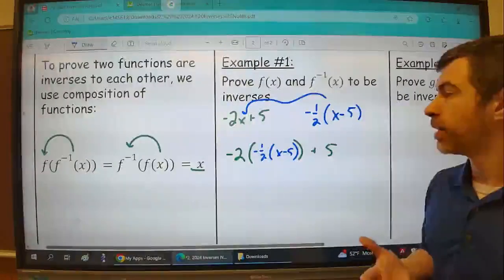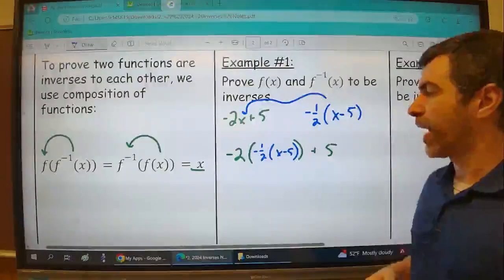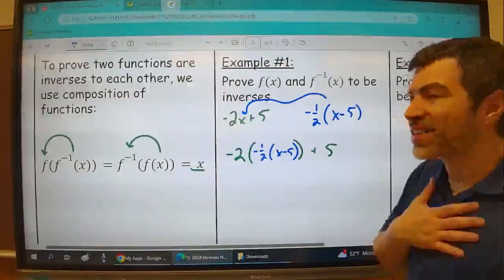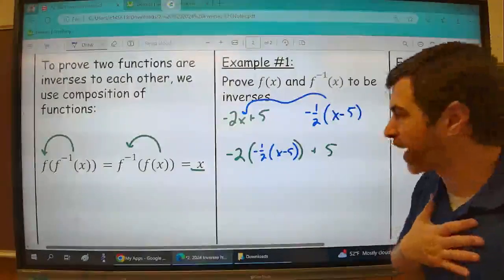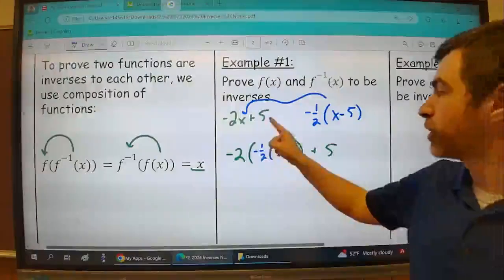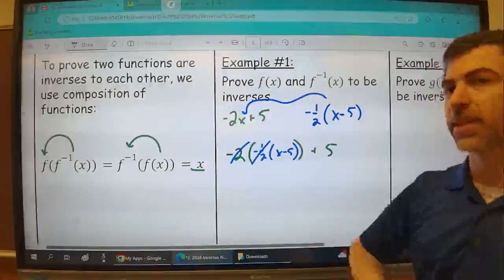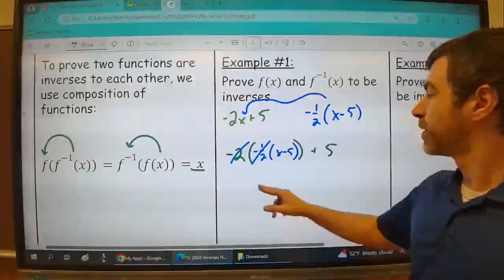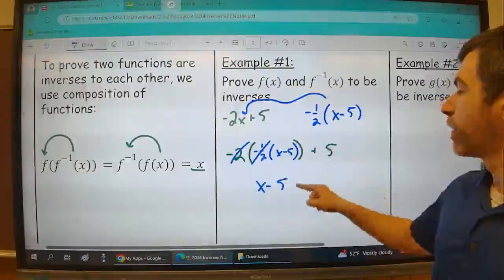It's just 1. If I multiply by negative 1/2, and then I multiply by negative 2, I've just undone what I did. I've put it back to normal. It turns out that these two cancel each other out. And all I have left is x minus 5 plus 5.